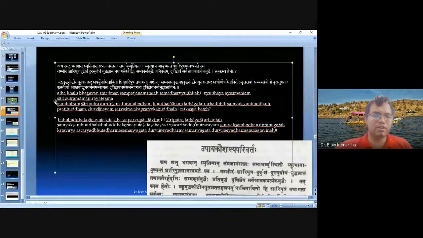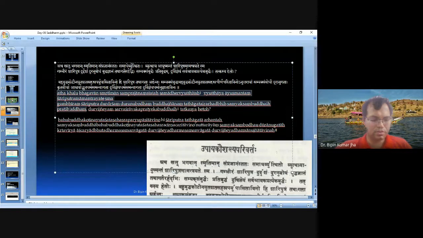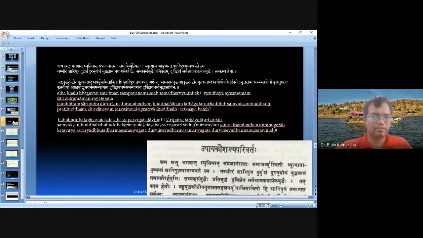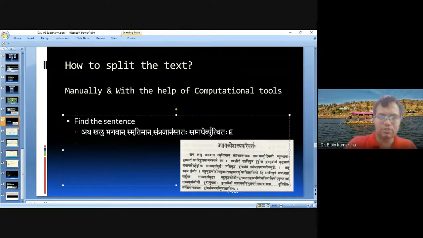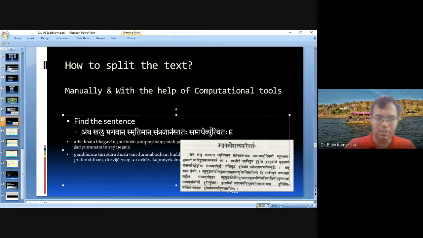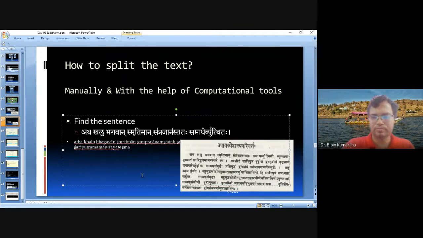Here you can see the splitted sentences. I have taken the first sentence so that you can read it easily. Only one sentence I am doing here. Okay.